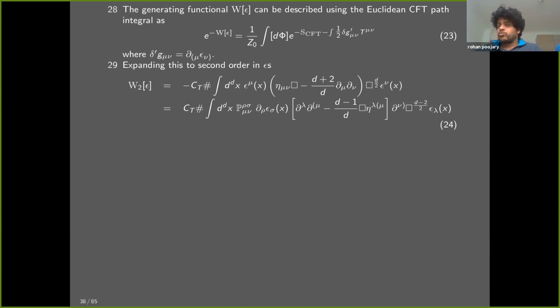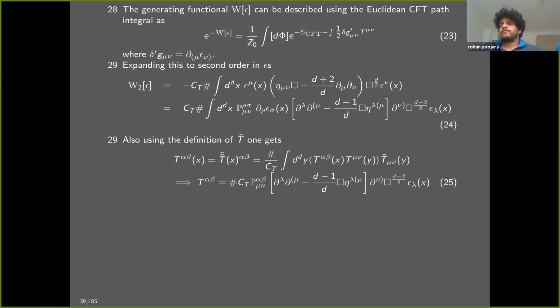You can expand this to second order in epsilon, and this turns out to be something like this. You use the fact that when you differentiate with respect to g mu nu, you end up getting 2-point expectation values of your stress tensor, and that can be rewritten that way.